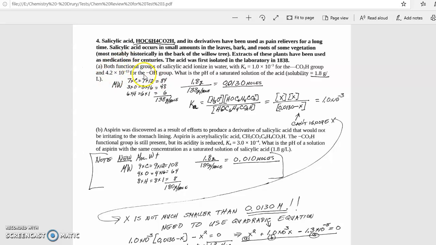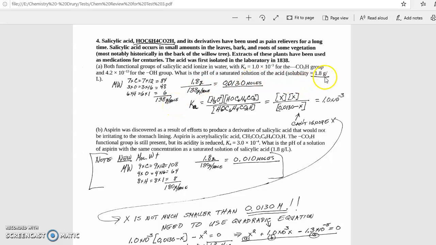This right here is irrelevant. You only need one of these to work with. And you needed the solubility of this material in water. What you were to do is to calculate, first of all, the molecular weight of this material. There's 7 carbons, 3 oxygens, 6 hydrogens. Total molecular weight, 138 grams per mole.